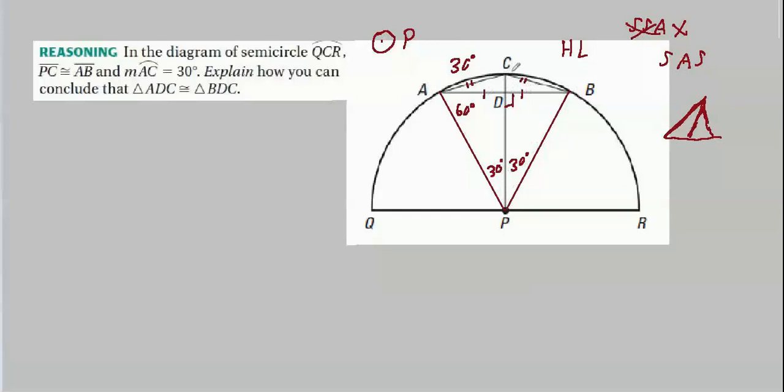Now you know that these two arcs are congruent, because again you've bisected the angle, and the arc is measured according to the angle it subtends. Then our theorem tells us that the chords corresponding to those arcs must also be congruent, and then we have HL. And that's about it.